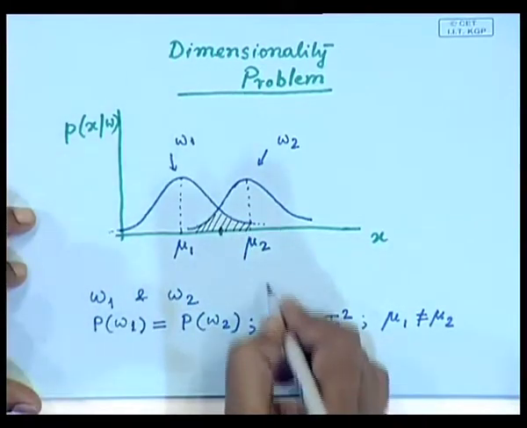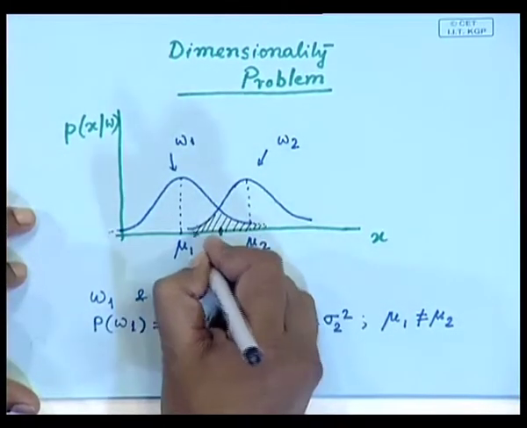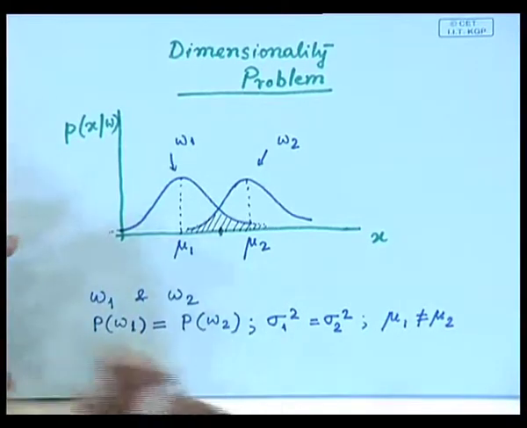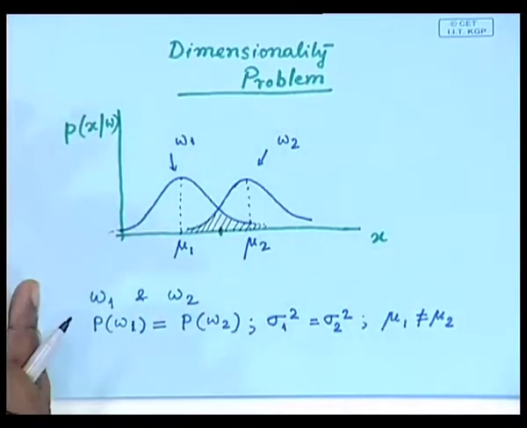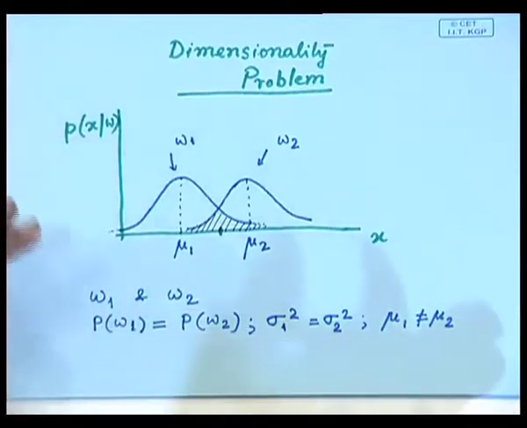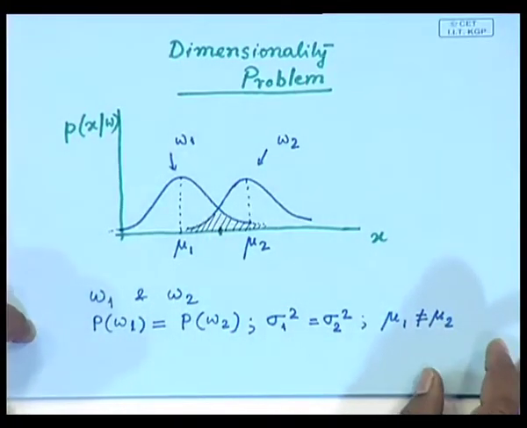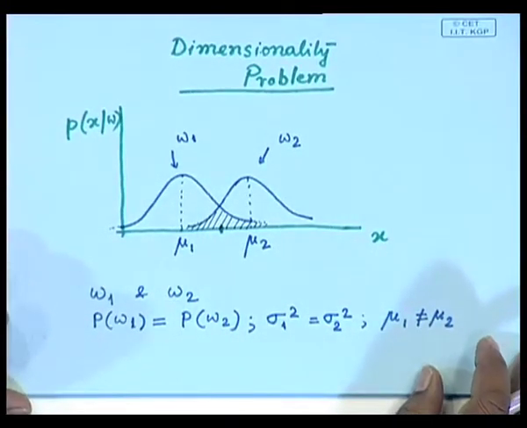Okay. And it extends indefinitely. So, this is what is the error in taking decision whether I decide in favor of omega 1 or I decide in favor of omega 2. So, this area under this probability curve, that gives me the total amount of error.